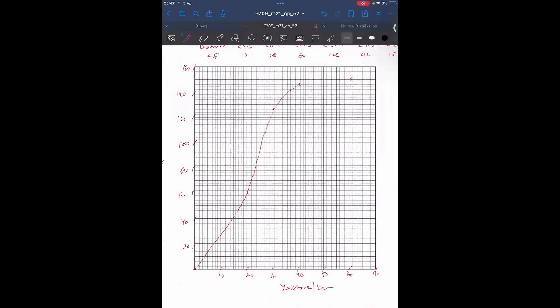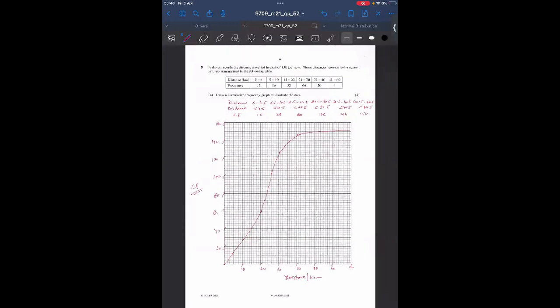I'll try to draw it as smooth as possible. All right, Iman. Good enough.